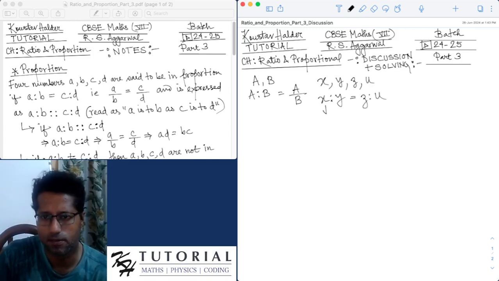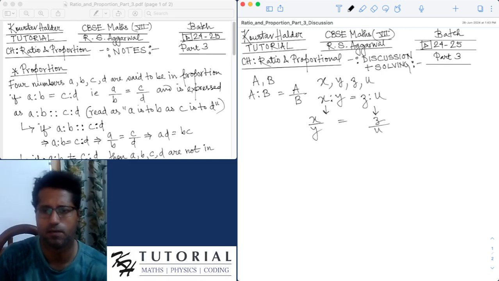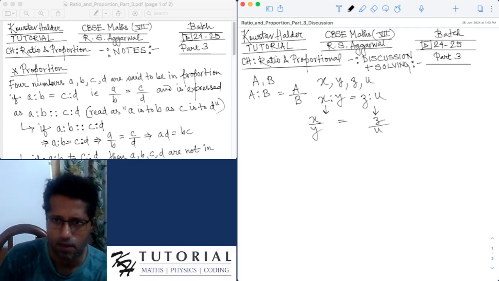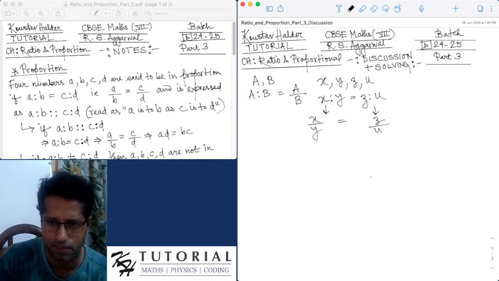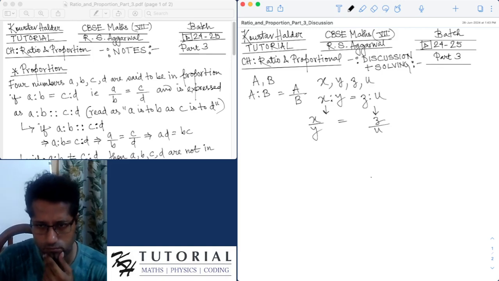Now we know that this is nothing but x by y, and this is nothing but z by u. So we say that x by y equals z by u. Reversely, if you have x by y equals z by u, then you can say that x, y, z, u are in proportion.